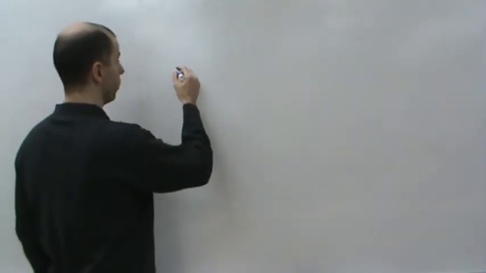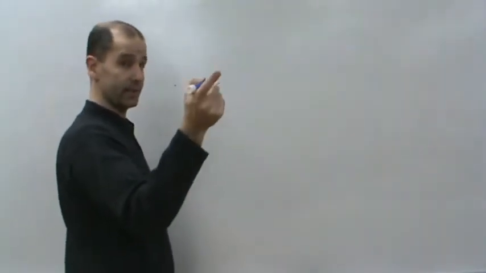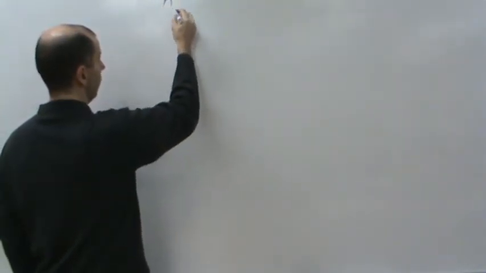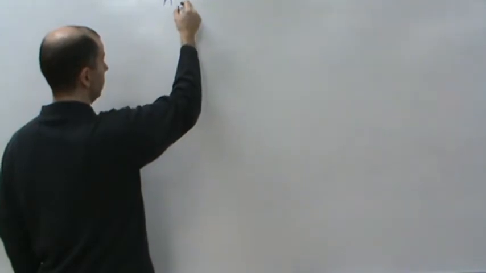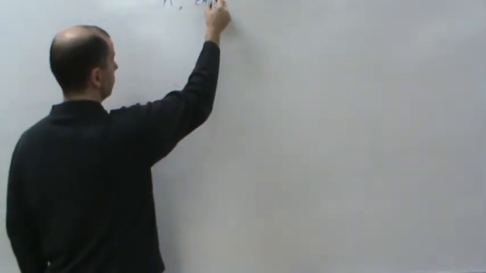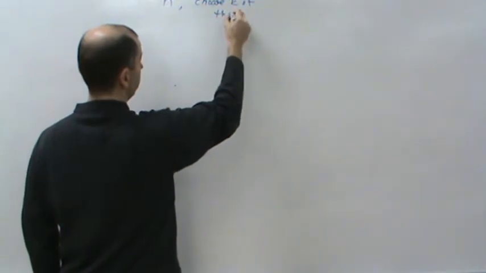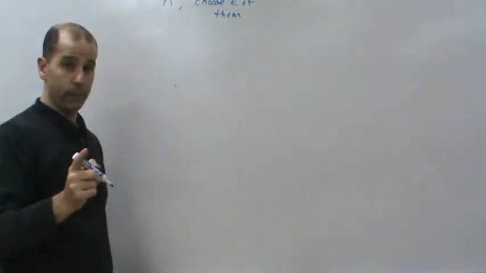So now there's three things about a permutation. Now, the formula for a permutation and the symbol is this. If we have n distinct objects, and we're going to choose k of them, and order matters.